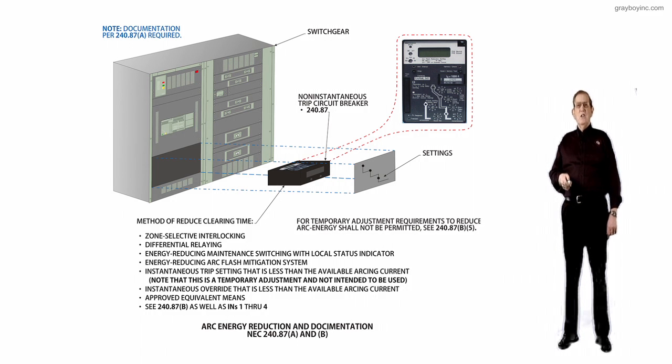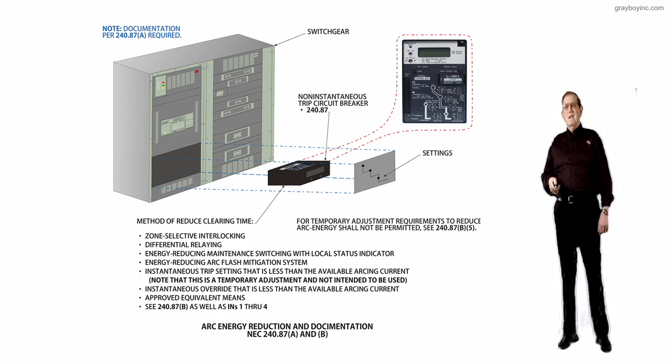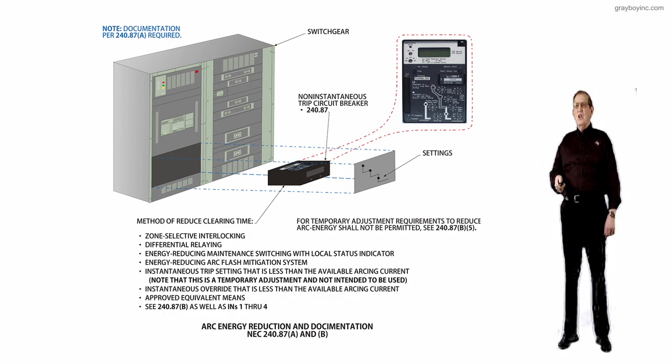It is not intended that the maximum setting of the instantaneous trip, as is typically shipped from the factory, be the determining factor whether or not additional arc reduction is necessary, but rather the final setting is determined by the electrical system requirements, such as inrush characteristics or selective coordination, nor is it intended that the instantaneous trip be adjusted to a lower value while a worker is working on the equipment and then adjusted back to the desired setting.